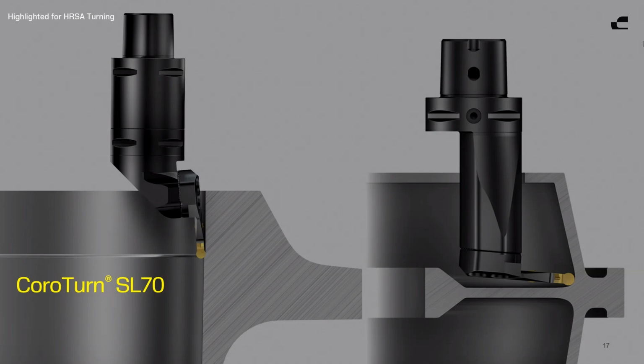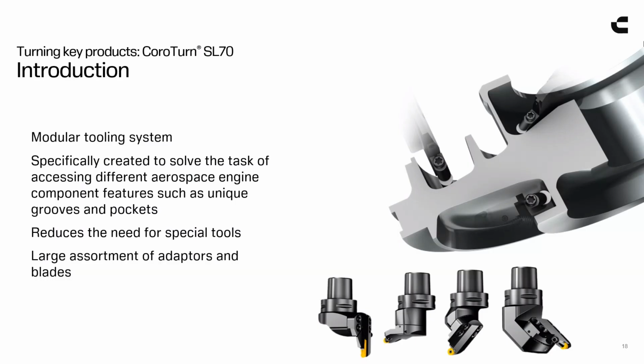But here we have a solution called SL70. This is a modular holder solution for the aerospace industry. It's specifically designed and made for doing aerospace components, like what's on the screen, turbine discs, fan discs, things of that nature, where you need something that has a blade that can either do a face groove or a hooked flange groove and reach up underside of a pocket.